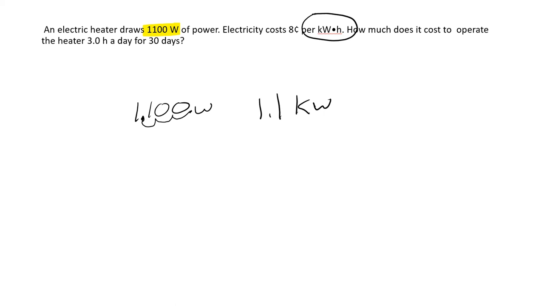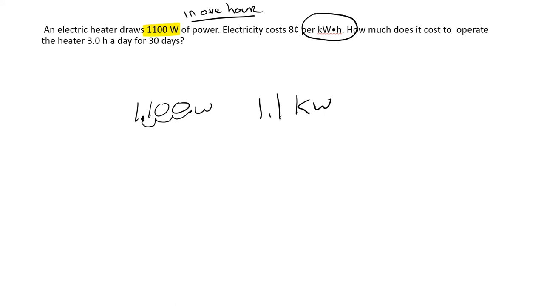See, it's saying it uses 1,100 watts of power. Well, that's in an hour. That's how they figure that out. So it uses 1,100 watts of power in an hour.